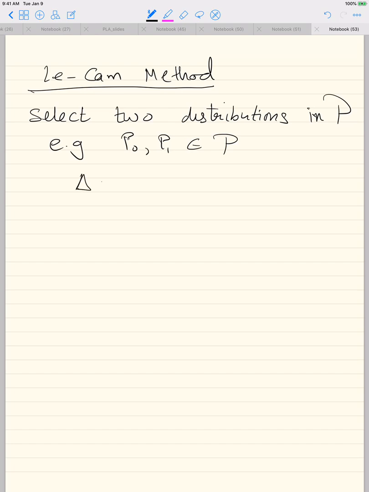We'll let delta be the distance between theta P0 and theta P1. So theta of P0 is the parameter we want to estimate, like the mean or the regression function when P0 is the true distribution. Theta of P1 is the result we would get if P1 was the true distribution. And we are going to tell you it's one or the other.